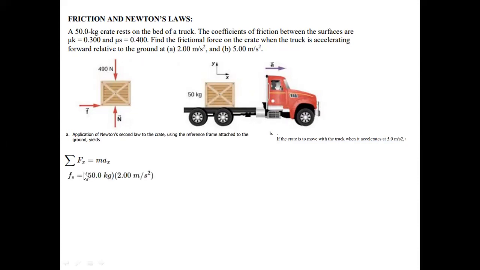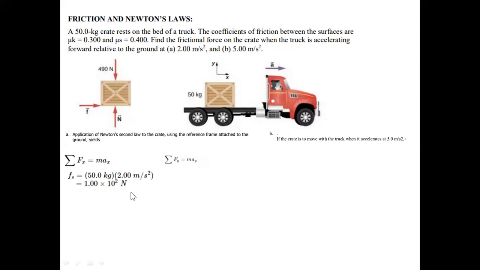Now, if we balance the left side of the equation, the sum of forces in x along the horizontal axis, this only gives us the static friction force, Fs. Fs stands for static force or static friction, and is equal to mass times acceleration, ax. Now this gives us 50 kilograms times 2 meters per second squared.